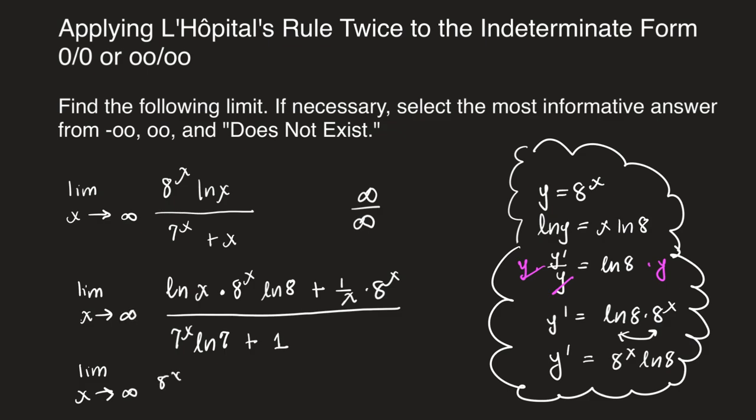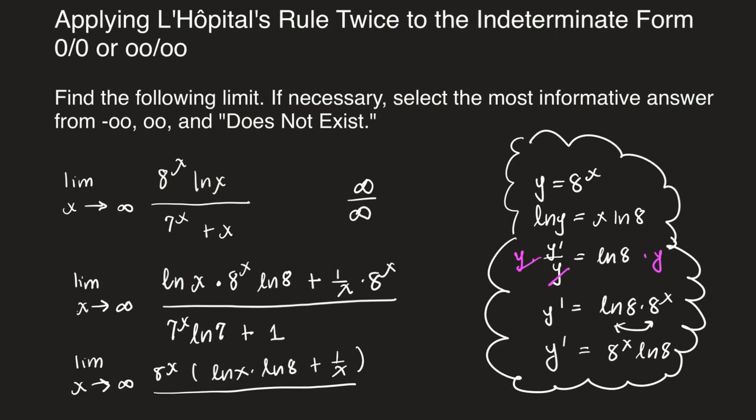So we have 8 to the x times ln of x times ln of 8 plus 1 over x, all over 7 to the x ln of 7 plus 1.